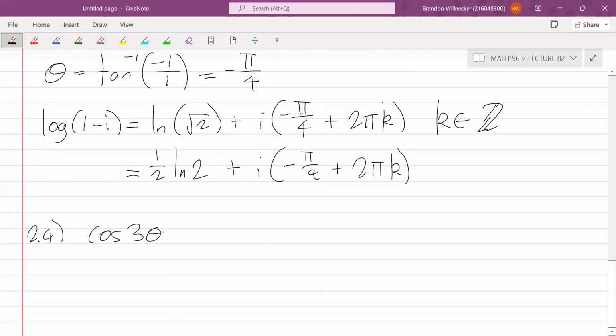Cos 3 theta. Okay, we want to write that not in terms of this 3 times the angle. We just want it in terms of cos theta and sine theta.